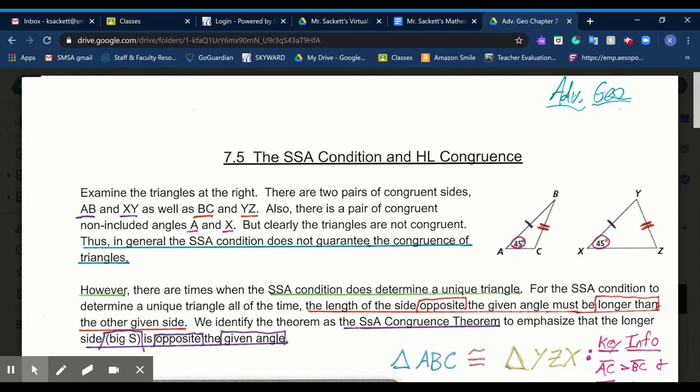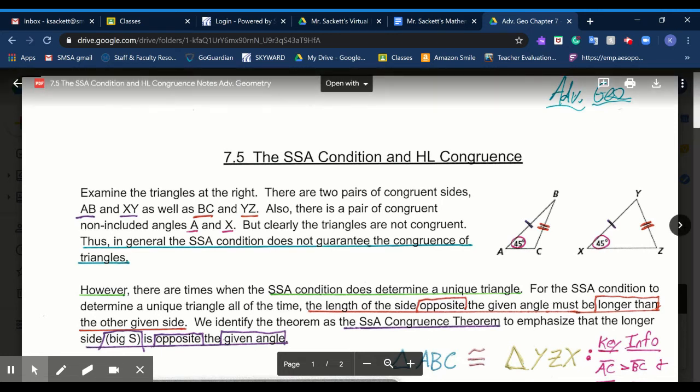If we meet that criteria, then that theorem is known as the SSA congruence theorem, but as you notice, the middle S is lowercase. The reason they write it that way is to emphasize that the longer side, which is the large uppercase S, is opposite the given angle.